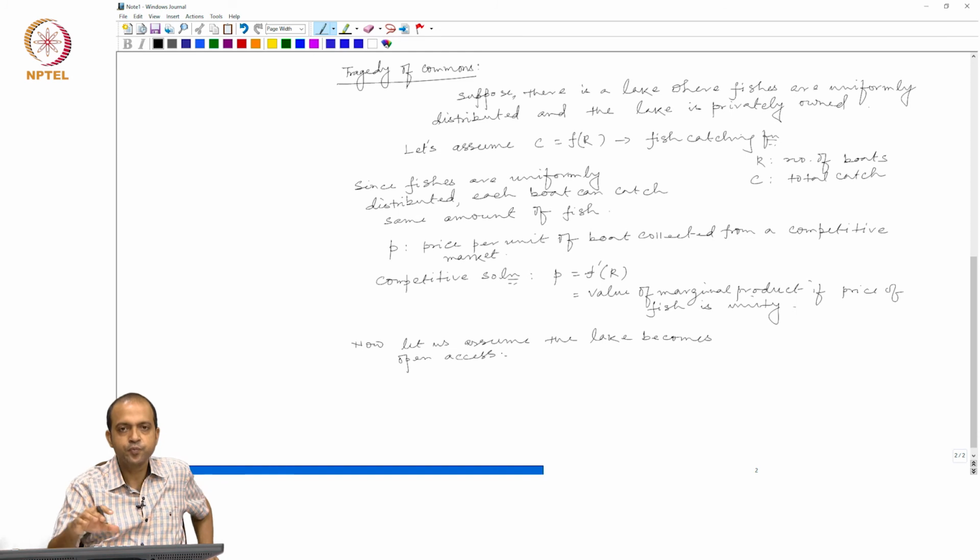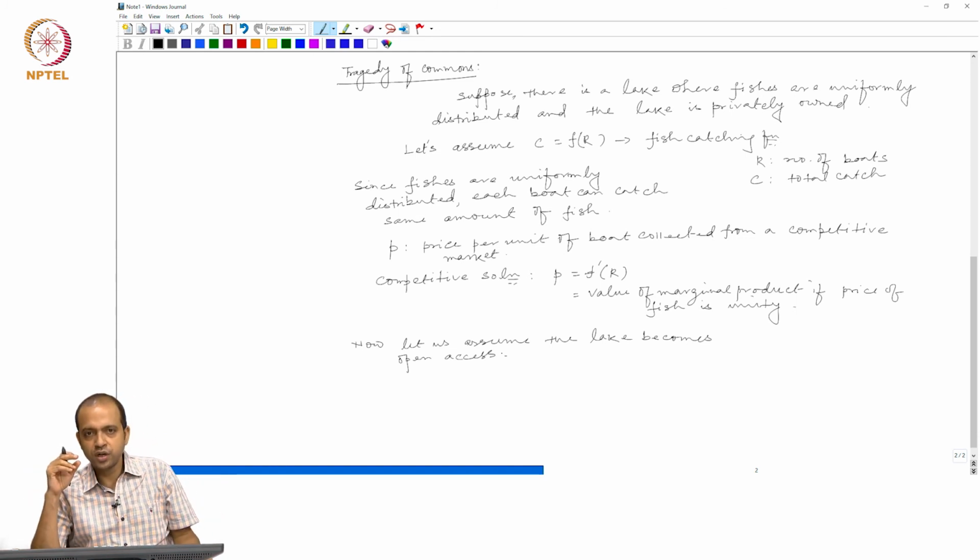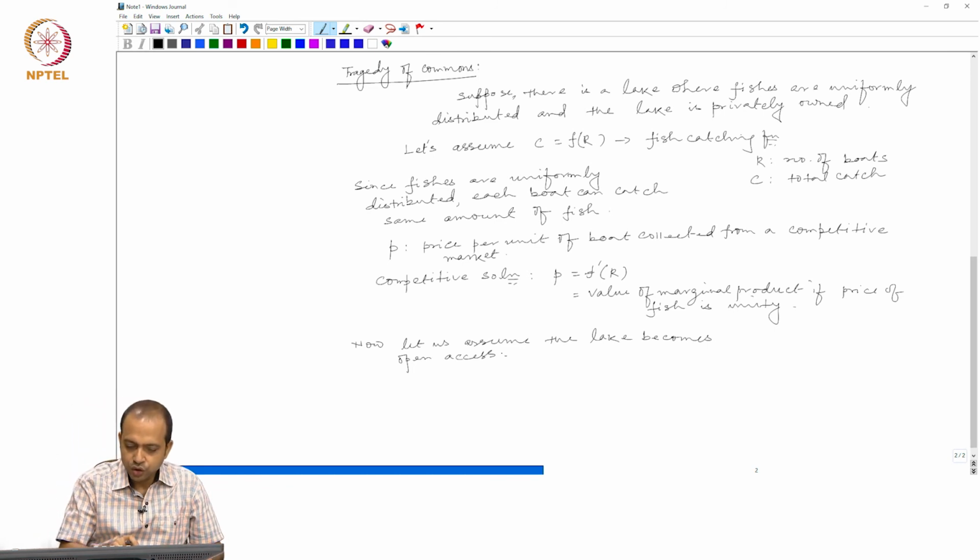So, earlier it was privately owned, and in case of private ownership, what we learned is that price should equal the marginal product, or previously we saw that price should equal marginal cost when we derived the condition of open access extraction and private extraction in the simple diagram. So, let us now assume the lake becomes an open access resource. So, what will happen then?